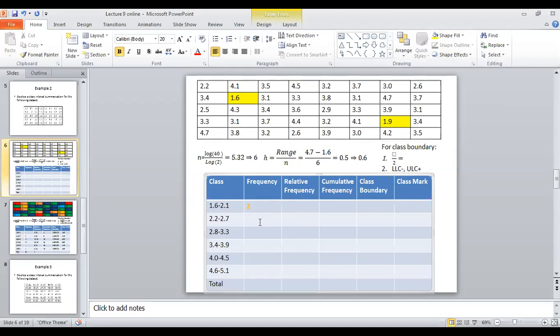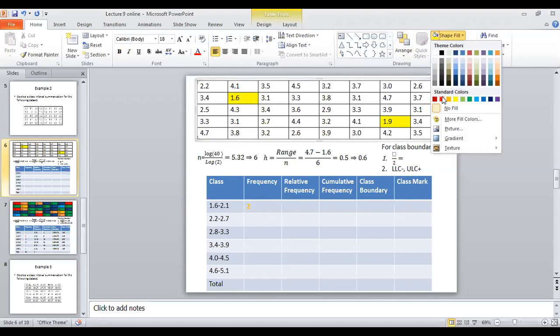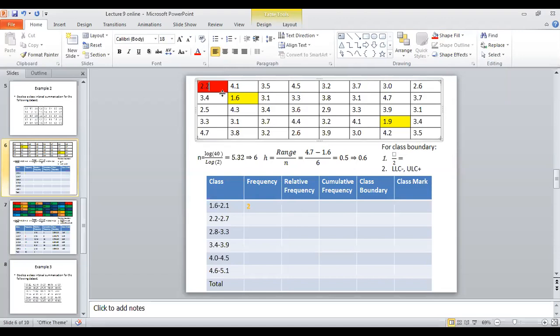So next is the frequency from 2.2 to 2.7. If you miss any value, it can be compensated later. This is the idea of marking them with colors, so it becomes easier. So 2.2 to 2.7. In the second column there seems to be no value.